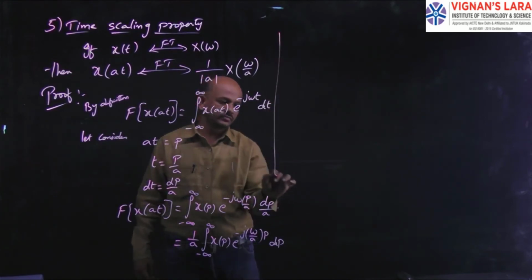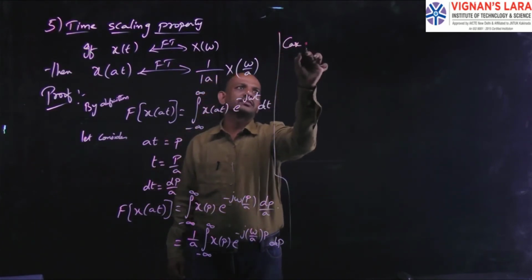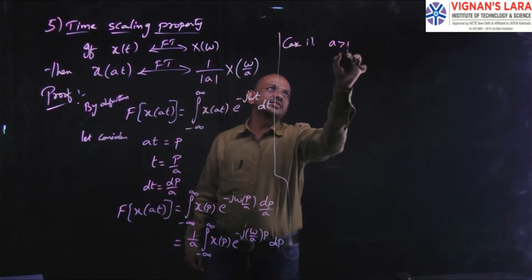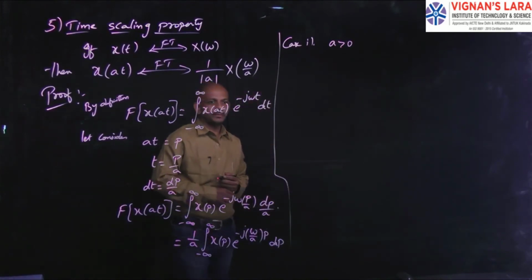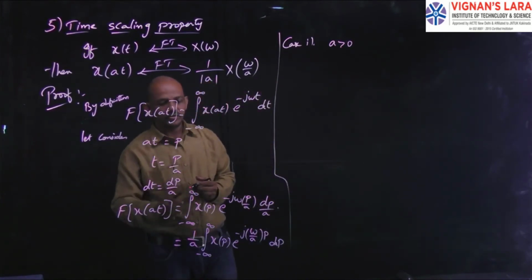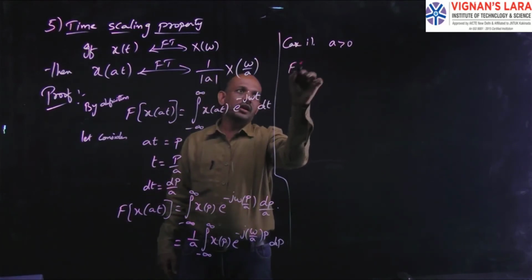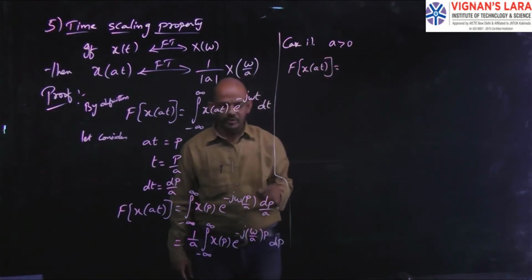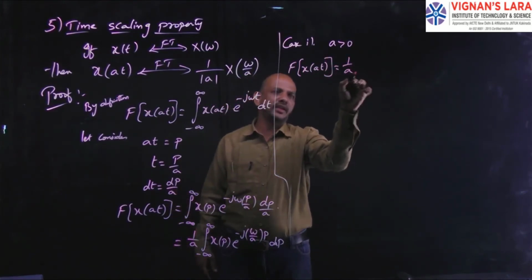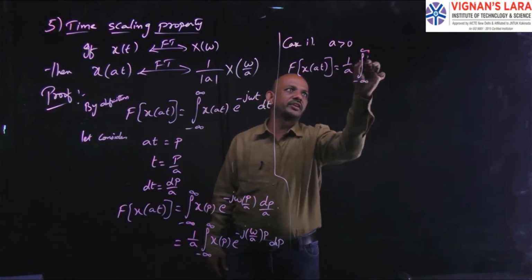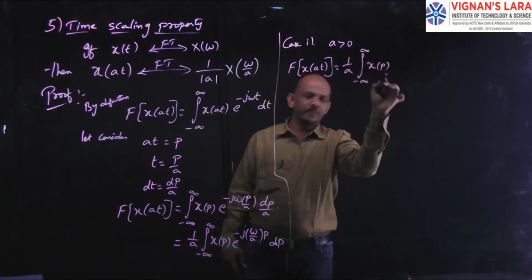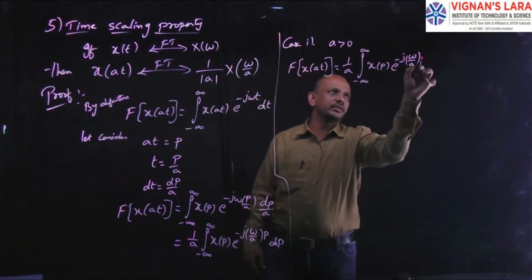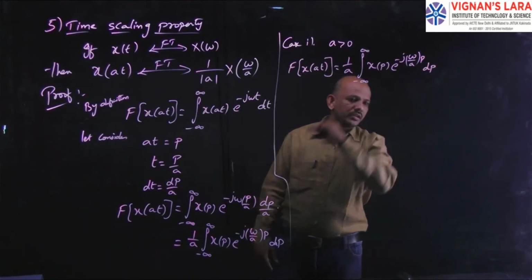Case 1: the value of a is greater than 0, that is, a is positive. Then the Fourier transform of x of at will be equal to 1 by a integral minus infinity to infinity x of p e power minus j omega by a into p dp.